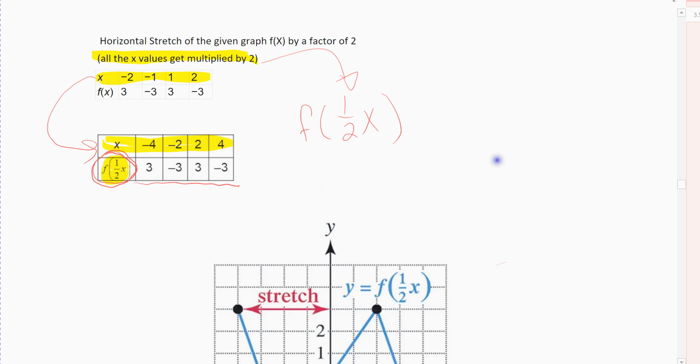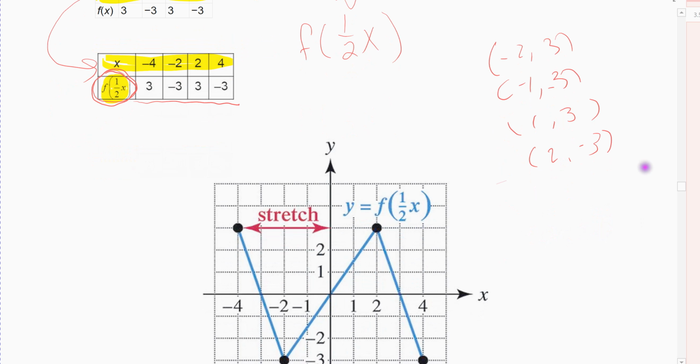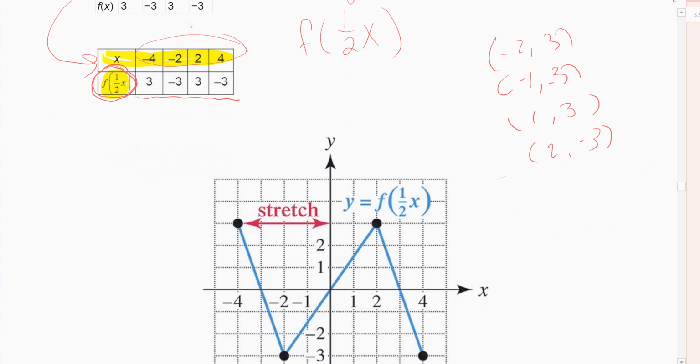My original values were negative 2, 3, negative 1, 3, 1, negative 3, 2, negative 3. And then for the new function, all of the x values got multiplied by 2.